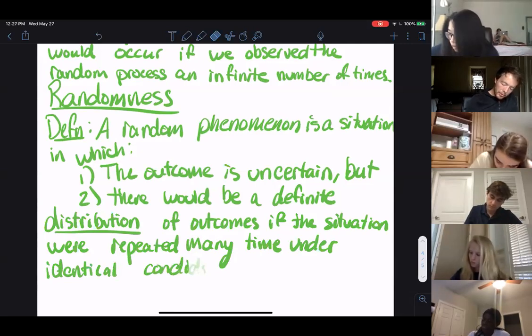Ooh, that is not how you spell conditions, everyone. The more you know.